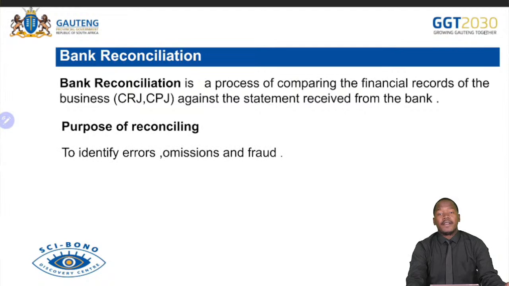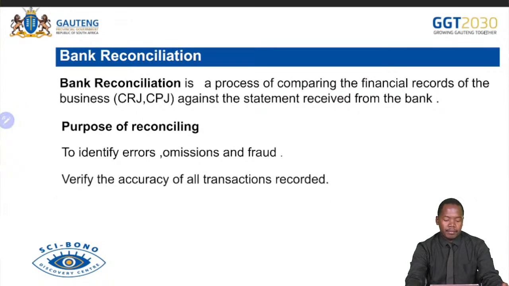Now, the first reason, the most important reason, is that we are trying to identify errors or mistakes. We are trying to identify omissions or exclusions. We are trying to identify fraud. We're also trying to verify the accuracy of all transactions recorded.